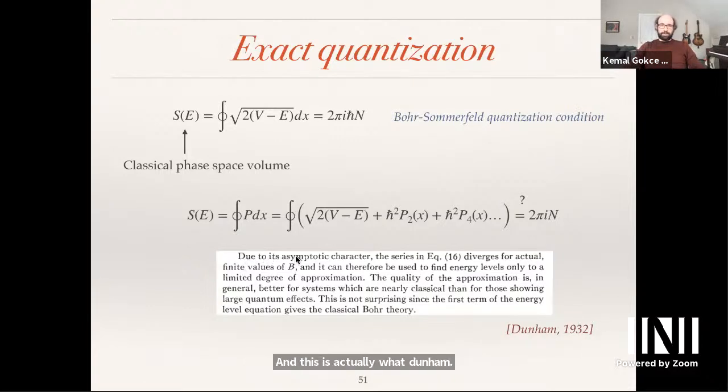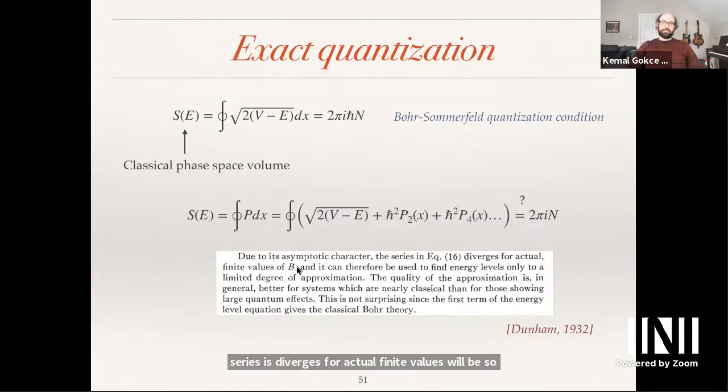And if you read the section in Dunham's paper, he also realized that you can do this and you can solve for E. Sorry, there must be a factor of H bar here. But anyway, it says in his paper that due to its asymptotic character, the series diverges for actual finite values of B. So B is his H bar.